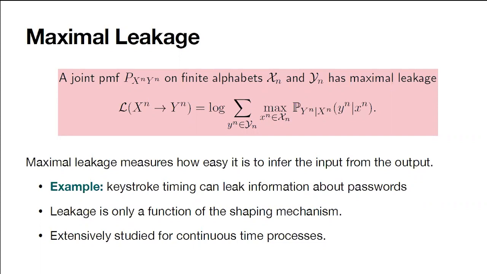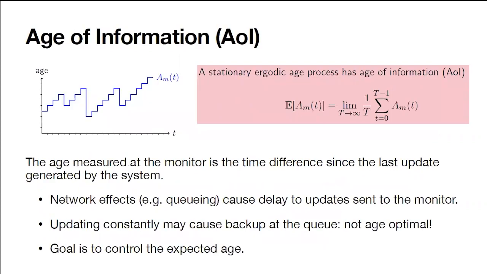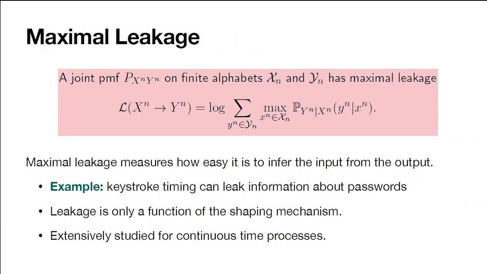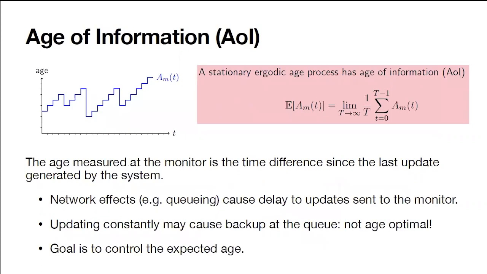It's studied a bit for continuous time processes. There's the age of information, which Roy should talk about because I'm going to say something wrong now. The age at the monitor in our block diagram is the time difference since the last update was generated by the system, since the last X input was generated.